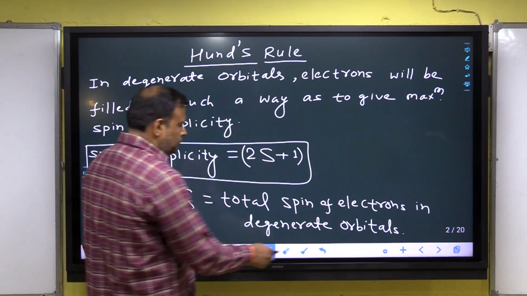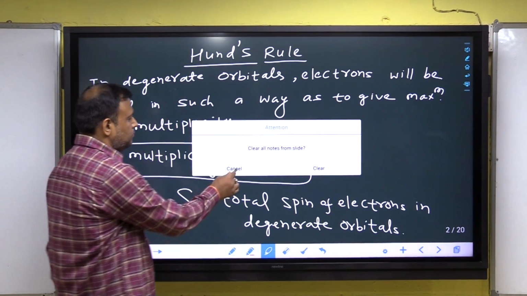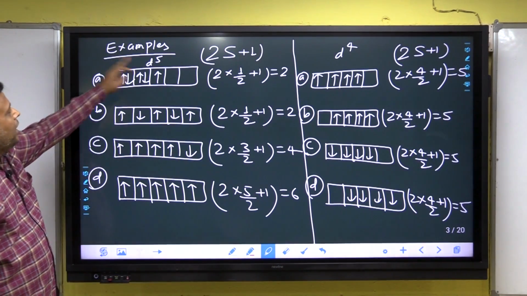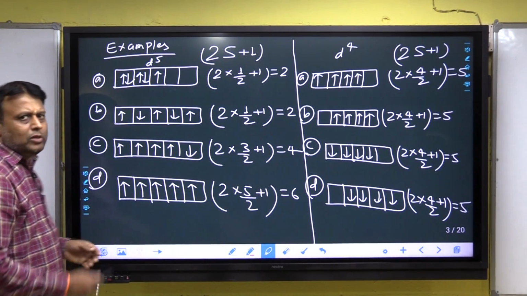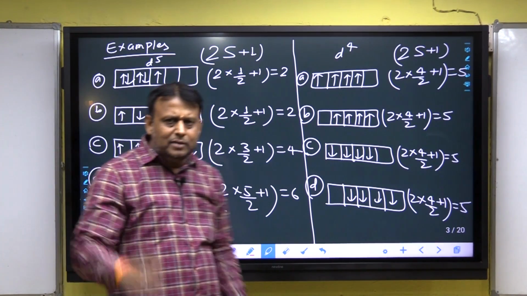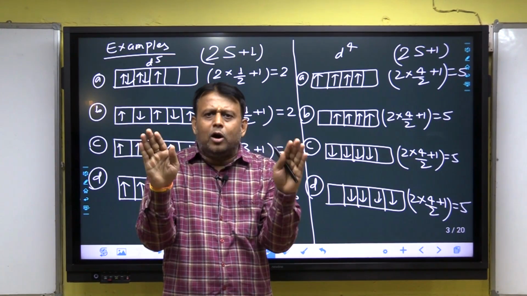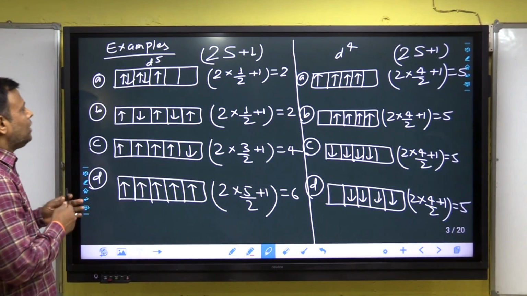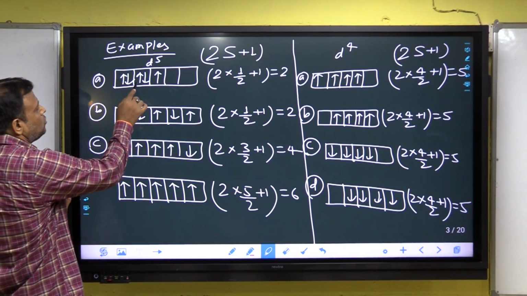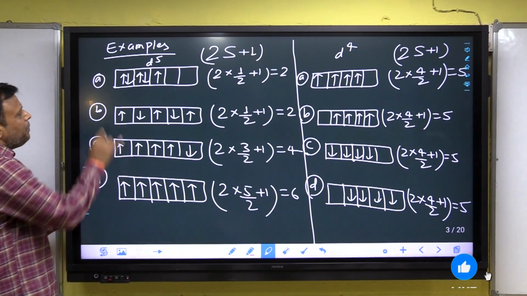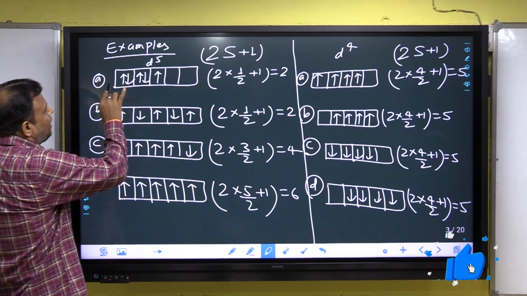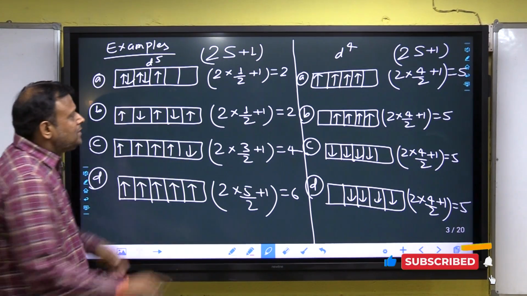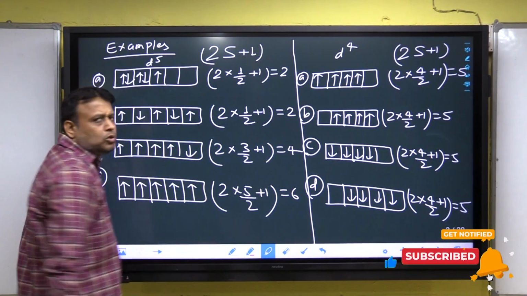Example. Look at the board. Example d5. We know that d has 5 orbitals, all 5 having equal energy. According to Hund's rule, listen, if one student filled 5 electrons this way, what will be the spin multiplicity? 2S plus 1, where S is total spin.